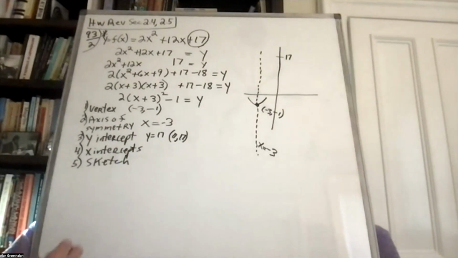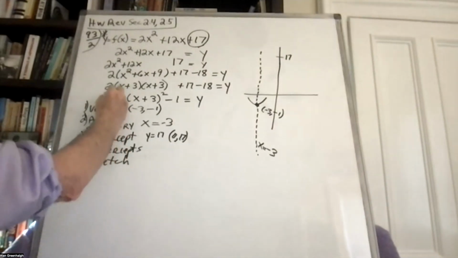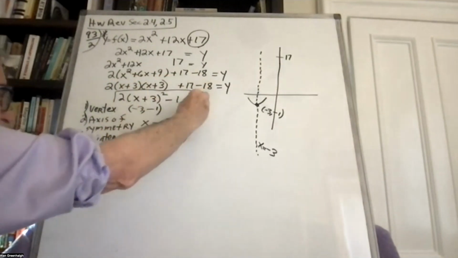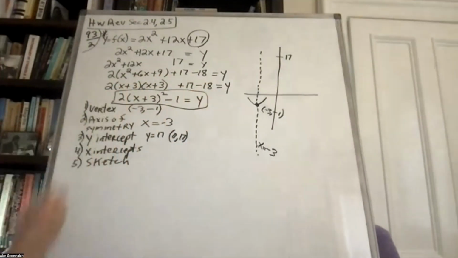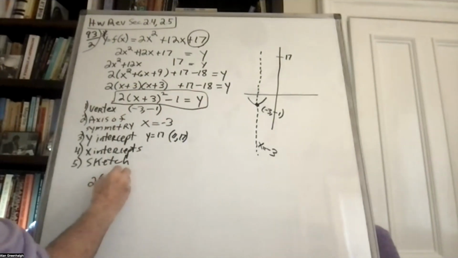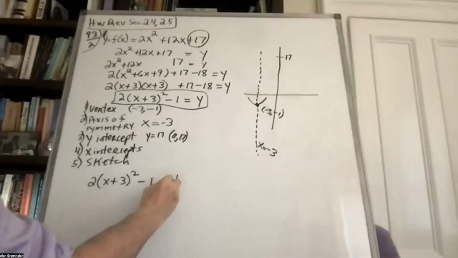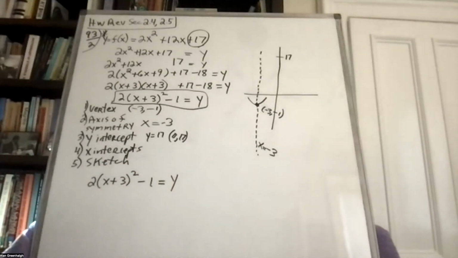Okay, so let's take this right here. This is the equation we're looking at: 2 times (x plus 3) squared minus 1 equals y. Now, how do you find the x-intercept?